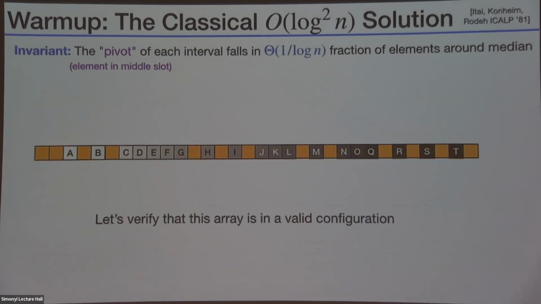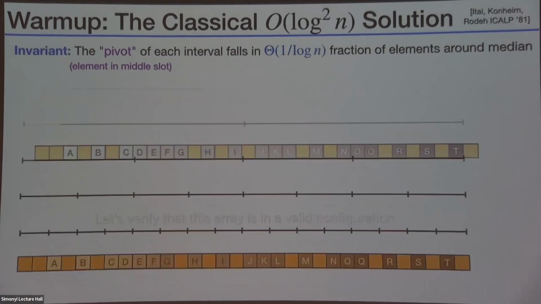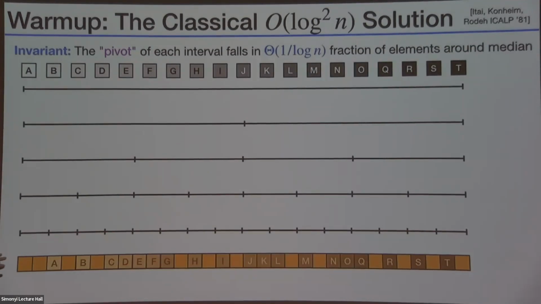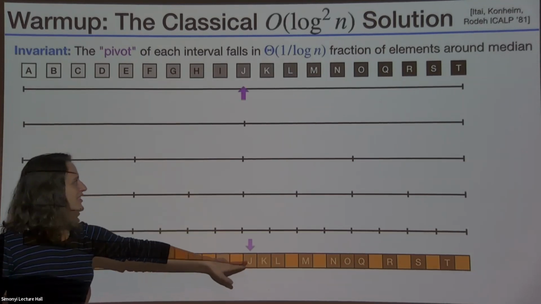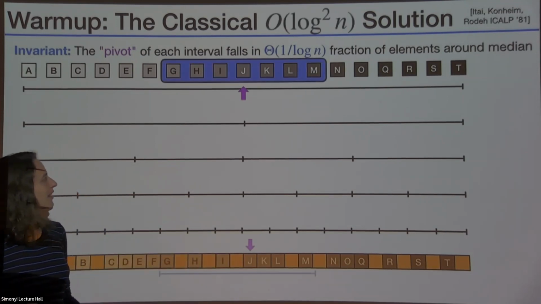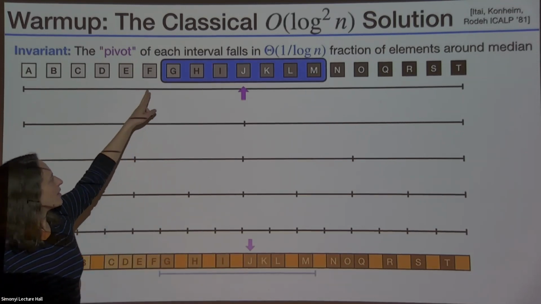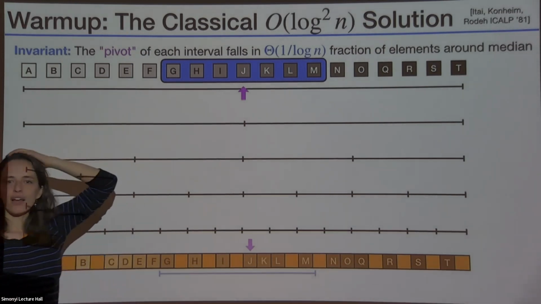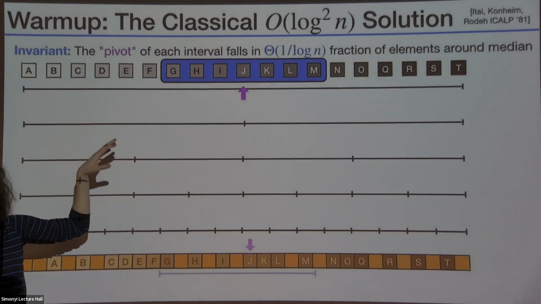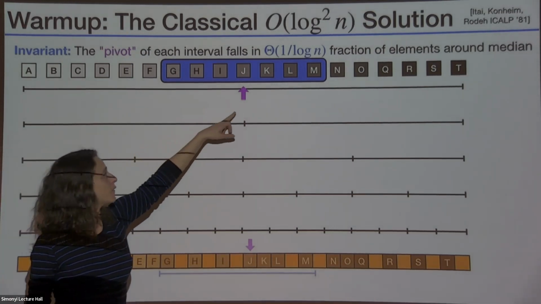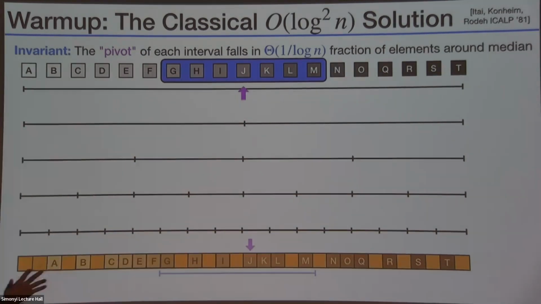So let's now verify that this particular array configuration is valid according to this invariant. In particular, let's first look at the pivot of the top interval, which is this J, and then look at this candidate set of 1 over log n fraction of elements around the median. The pivot falls into that set, and so we're happy.